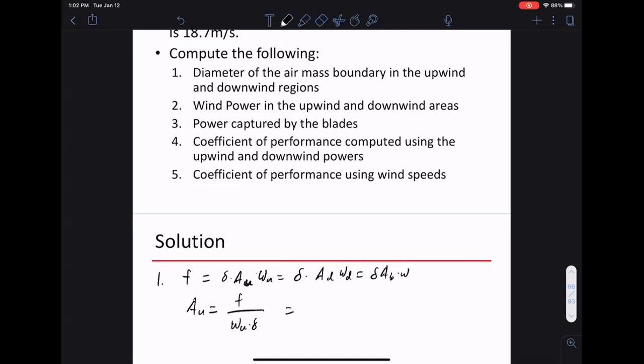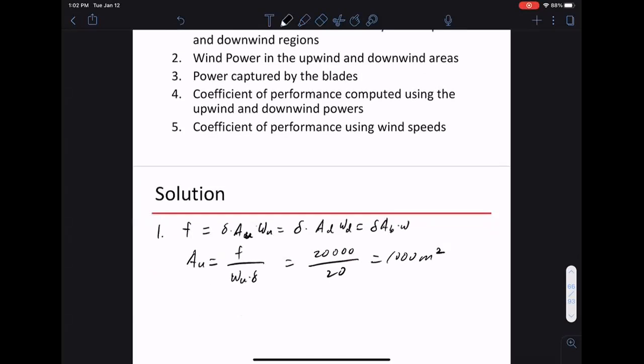We're going to assume density is 1 almost always. So this is a large area that we're looking at. Then if you look at the downwind, with 18.7, this is about 70 meters squared.